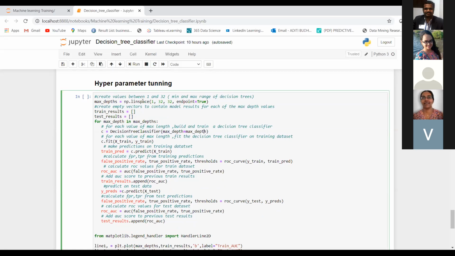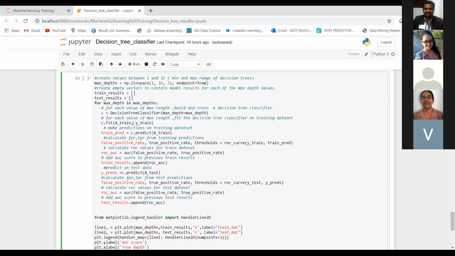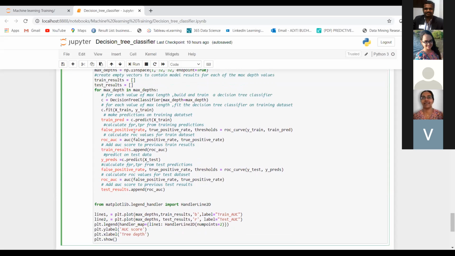I have created an array of numbers from 1 to 32, and I am using each number from that array in my decision tree classifier as the value of maximum depth. I will create this decision tree, then fit my model to learn from the training data set, and then I will get the predictions.